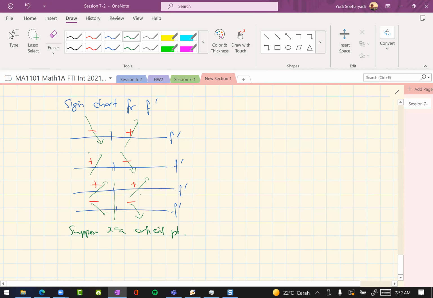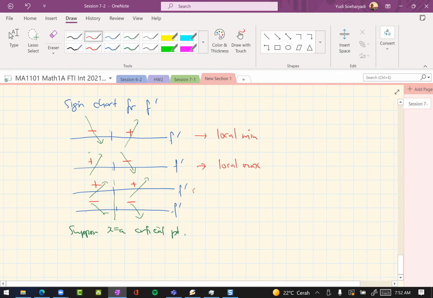Okay. So here what you have is that because it's continuous, you have to be able to connect to the left and to the right of a. Okay. And in this case, you have a local min. Here you have a local max. Okay. So min is attained if you're going down and then up. Max is going up and then down. Okay.